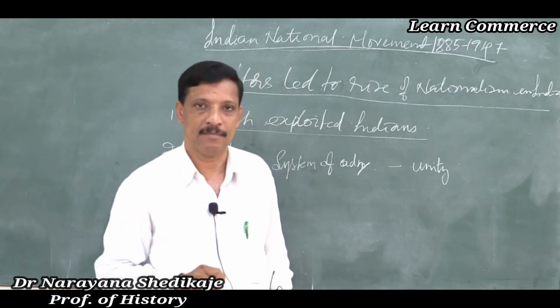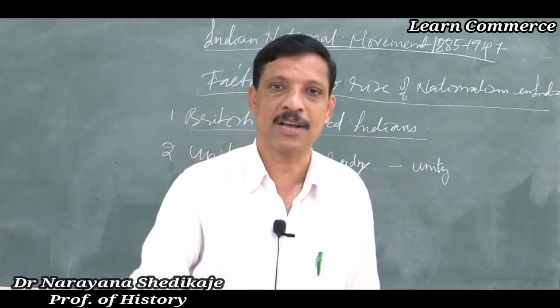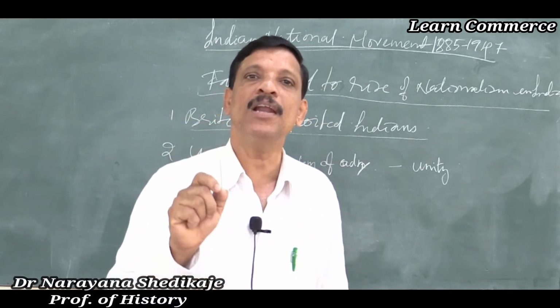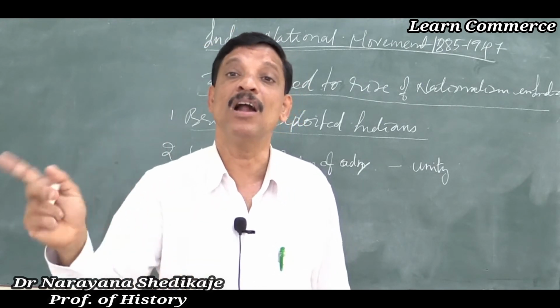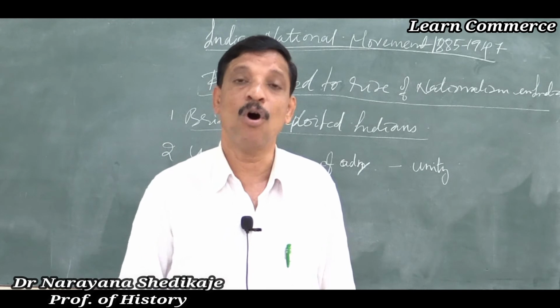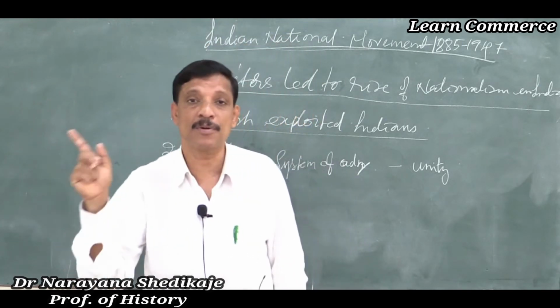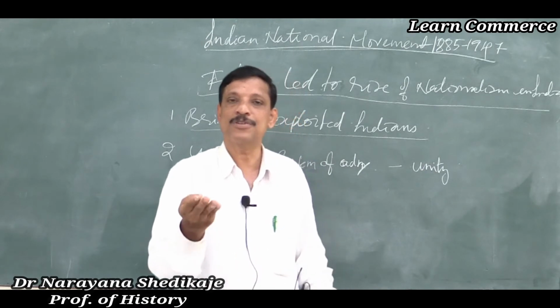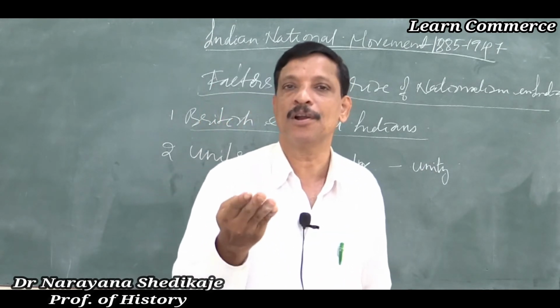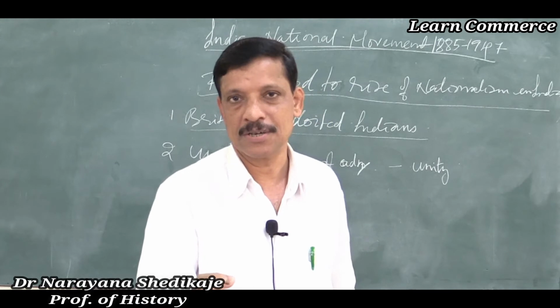They provided a unity of administration, or a political unity, from Kashmir to Kanyakumari, Bengal to Gujarat. The whole of India, what we call the subcontinent, or Jambu Dvipa, was brought under a single political rule, that is, under the British.